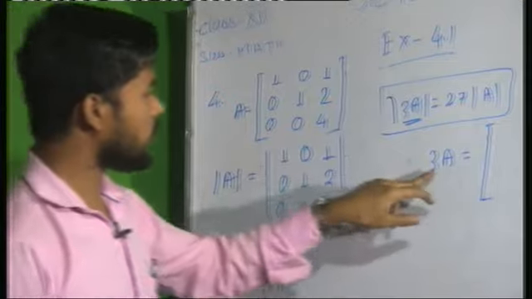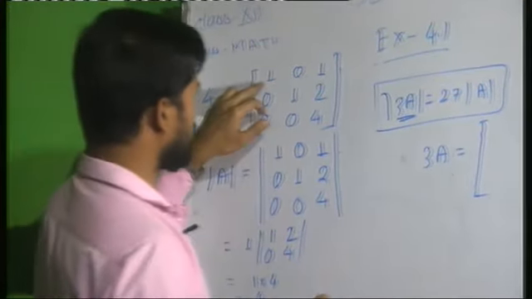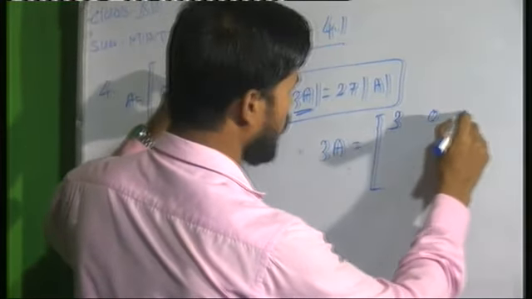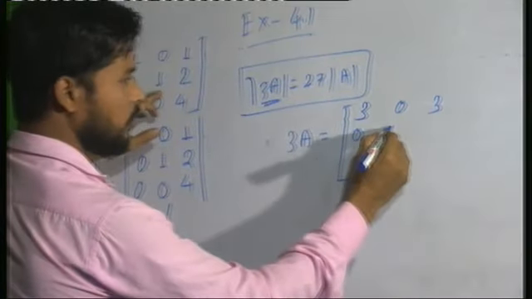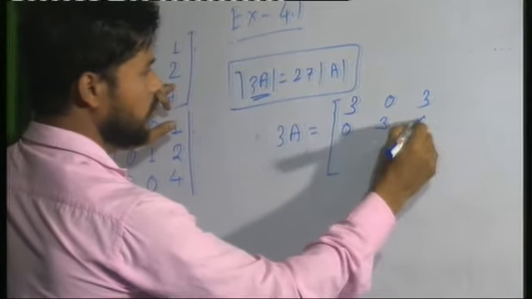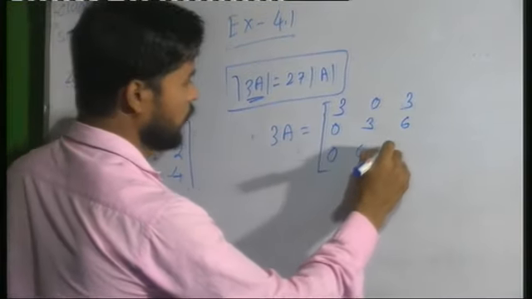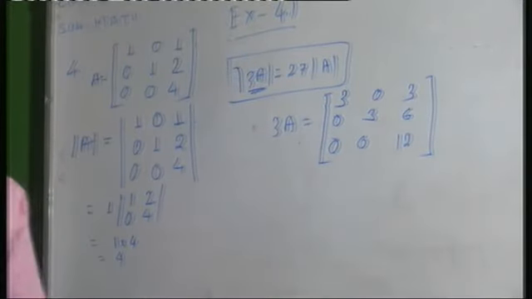So here we multiply each element by 3. So 1 into 3 is 3, 0 into 3 is 0, 1 into 3 is 3, 0, 1 into 3 is 3, 2 into 3 is 6, 0, 0, and 3 fours are 12. So this is the value of 3A.